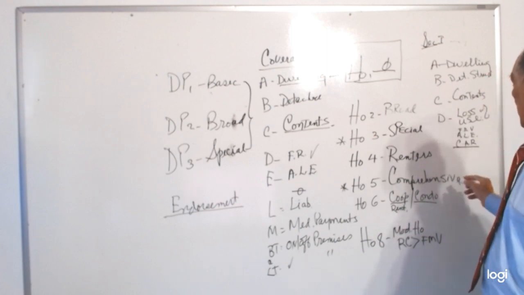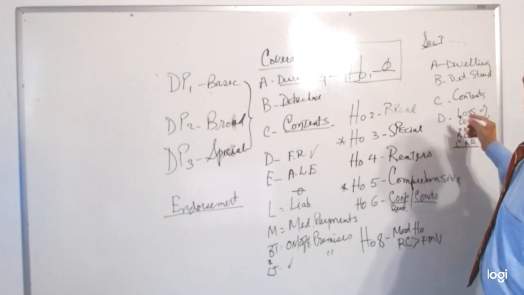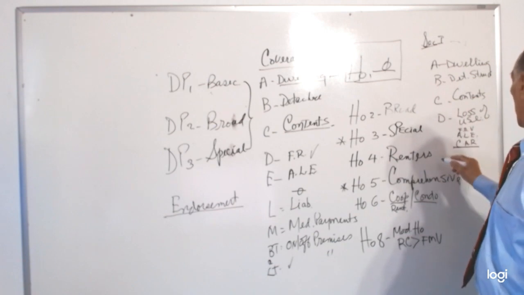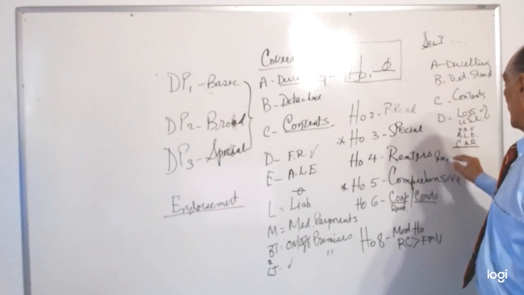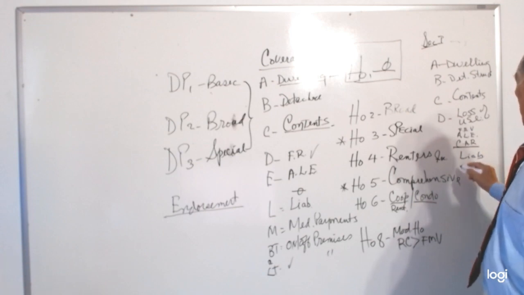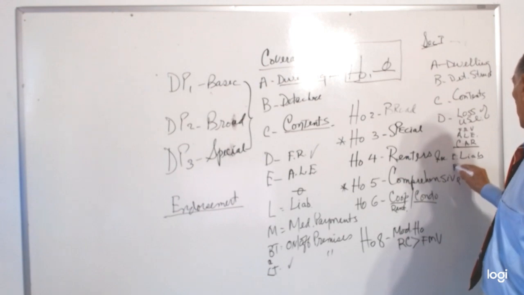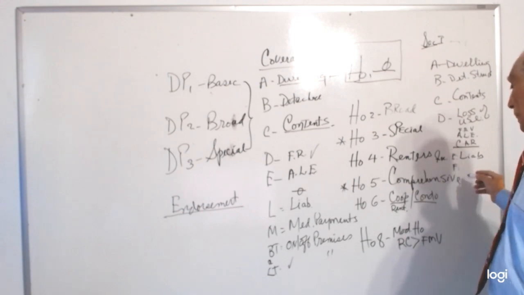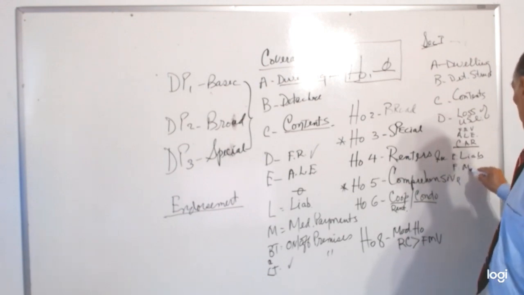Okay, so that is Section 1. Under Section 2, we have liability, which is E, and F, which is medical payments.